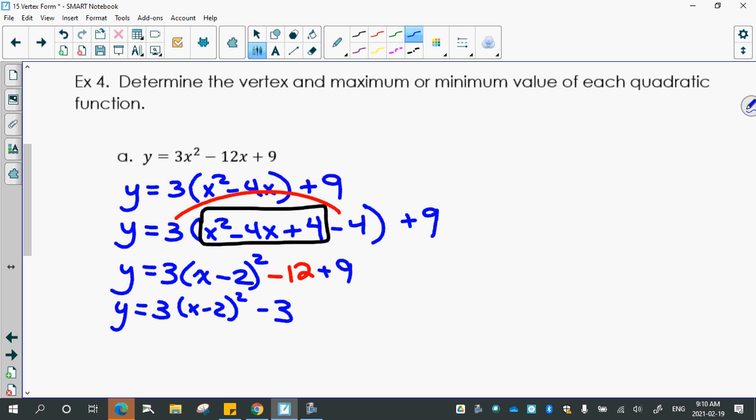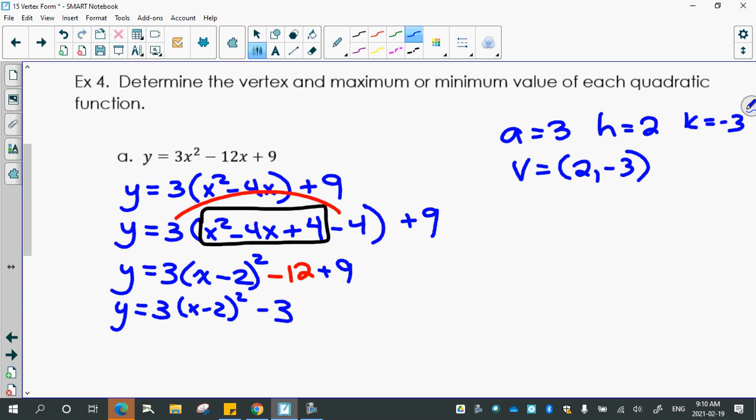Okay? So my a is 3, my h is 2, and my k is negative 3, which means my vertex (h, k) is going to be (2, negative 3), because it wants the vertex. Now, does it have a maximum or a minimum? And how do you know? Minimum, because a is positive.